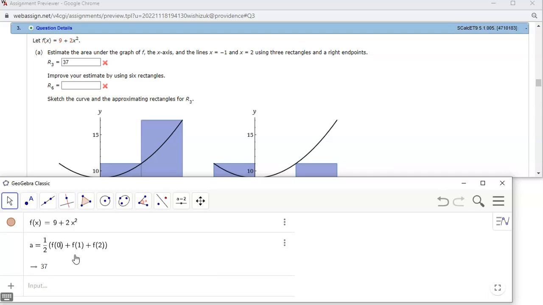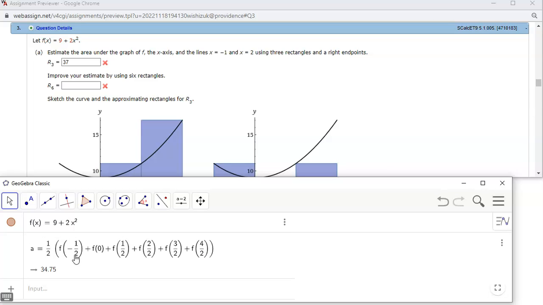Then the right endpoints would be -1/2, then 0, then 1/2, and then we have 3 more: f of 2/2, f of 3/2, and f of 4/2, which is 2.